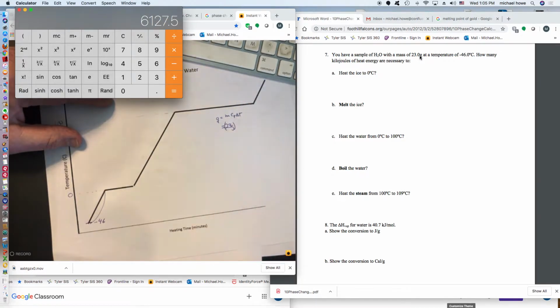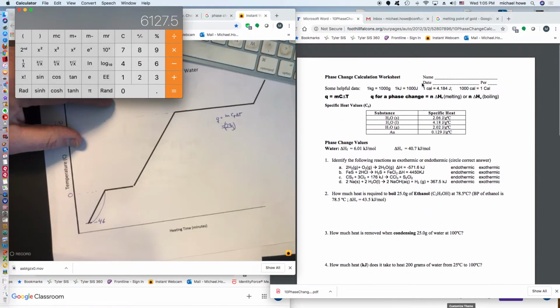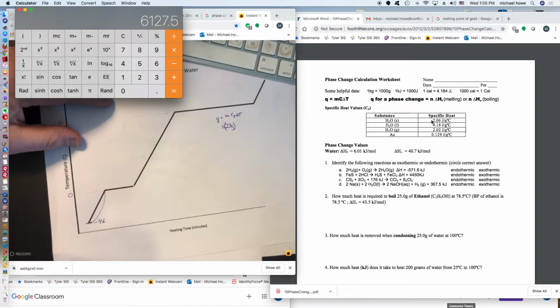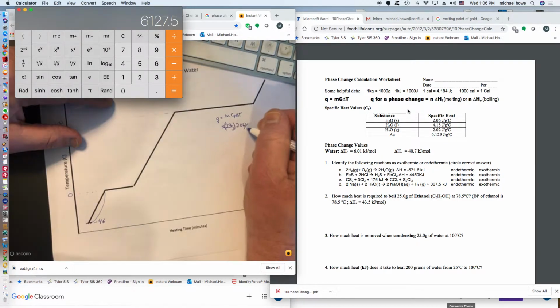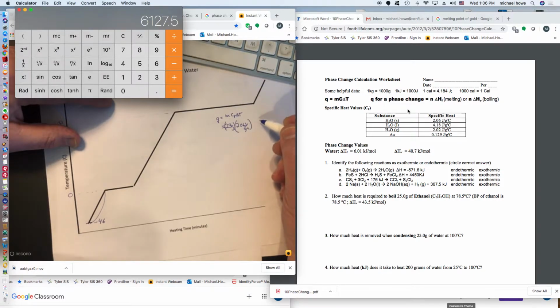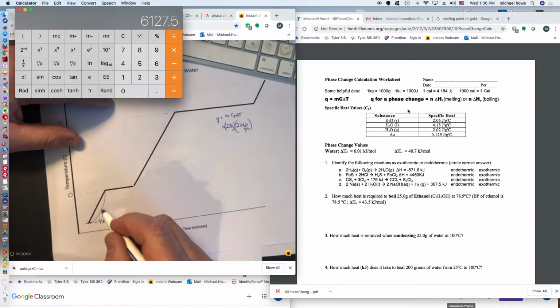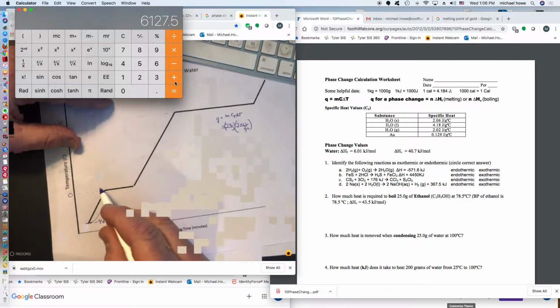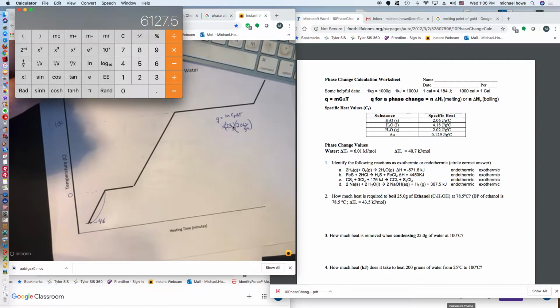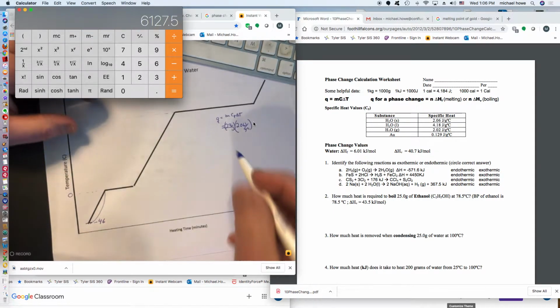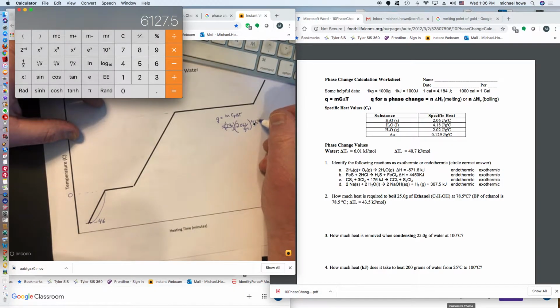For the specific heat capacity, we have to use the specific heat capacity for solid water, so it's 2.06 joules per gram degree C. And then the change in temperature: we're starting at negative 46 and going up to the freezing point, which is 0, so we have a 46 degree temperature change. So this number right here will be 46 degrees C.